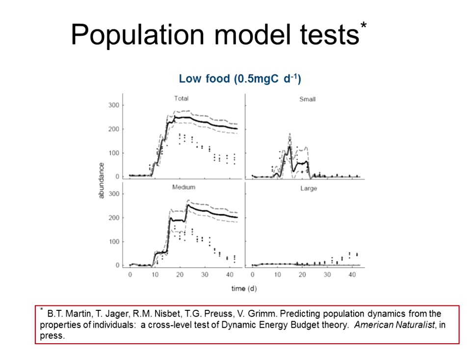Ben did some work in which he parameterized a DEB model for an individual Daphnia using data on individual growth and reproduction from the lab of Thomas Preuss in Aachen, and then took the standard DEB model and tried to predict what a population would do. And the Preuss lab also had data on population dynamics in what I call a semi-chemostat.